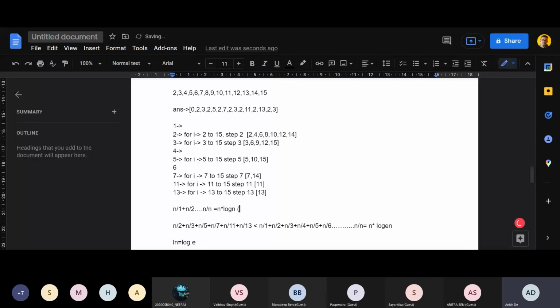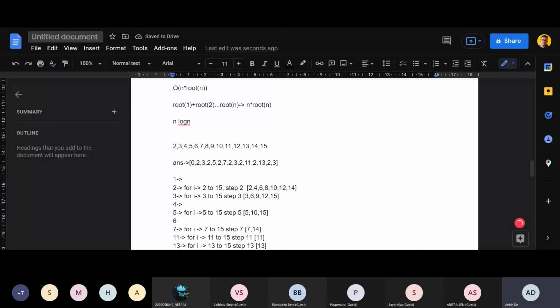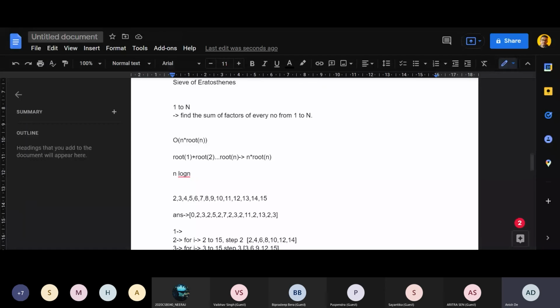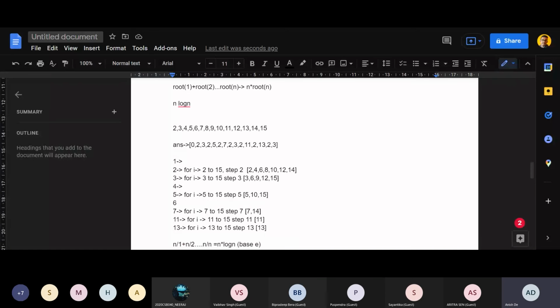So like this you can modify Sieve for these things. If someone asks you for the sum of factors, you can use this. Or if someone asks you to find the prime numbers from 1 to n, the prime numbers will be those whose minimum prime factor equals the number itself.